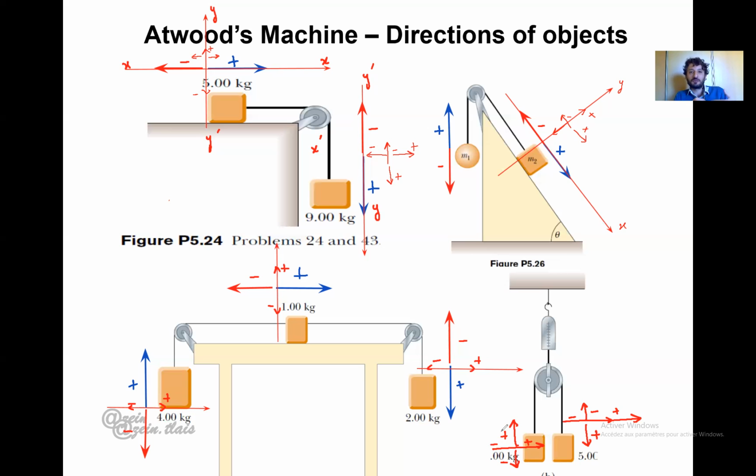If the calculated value of A is negative, the direction must be opposite in this case. You keep everything, you don't change anything in your calculation, but you have to know that the direction will be opposite in this case.